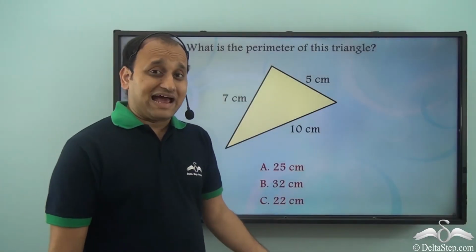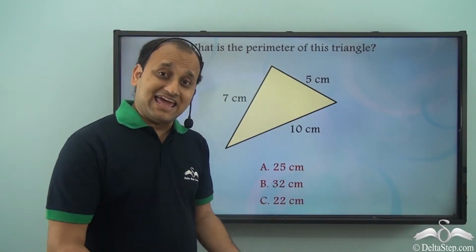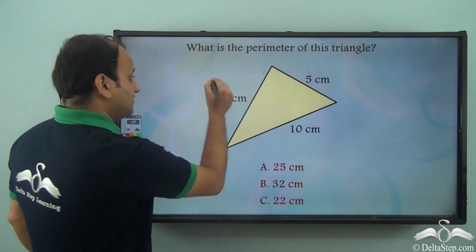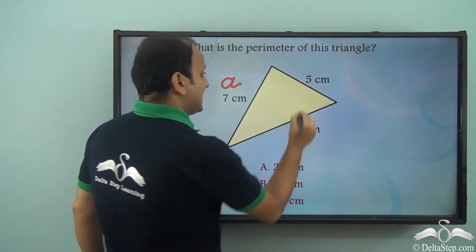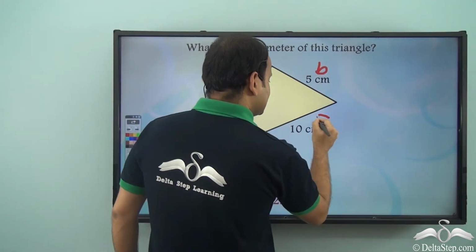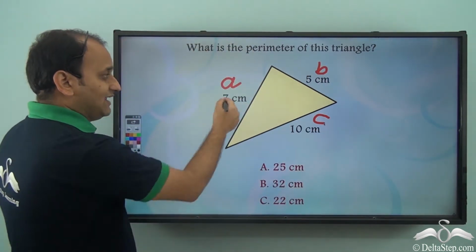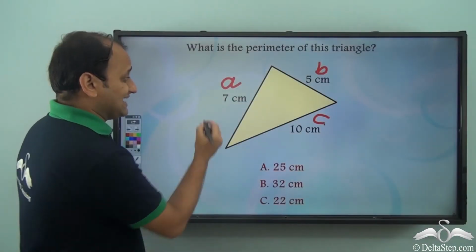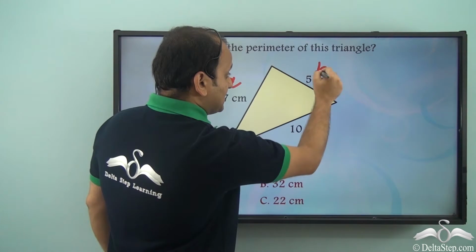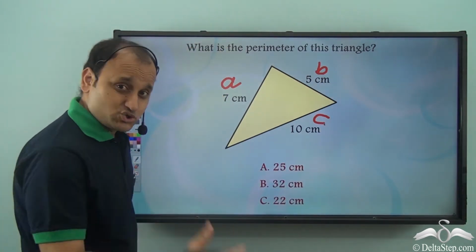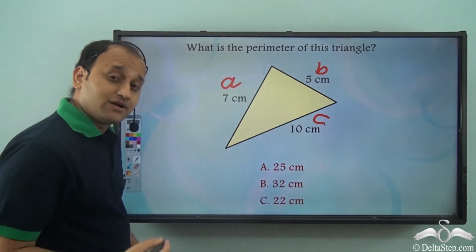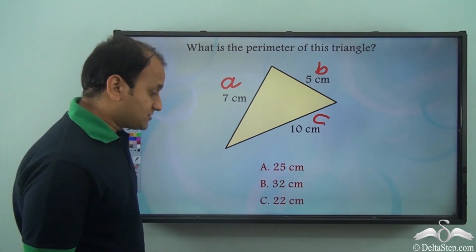So we know that perimeter of a triangle is A plus B plus C. So if we start from here, if we say this side is A, this is B and this is C, then we can add them, and what do we get? Well, it's 7 centimeter plus 5 centimeter, which is 12 centimeter, and 12 centimeter plus 10 centimeter, which is 22 centimeter.